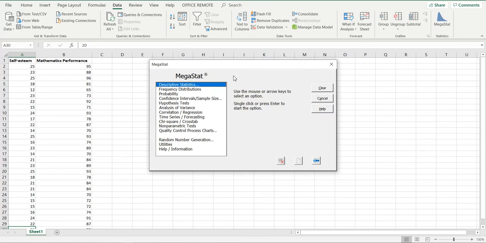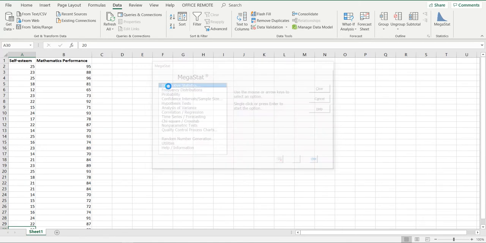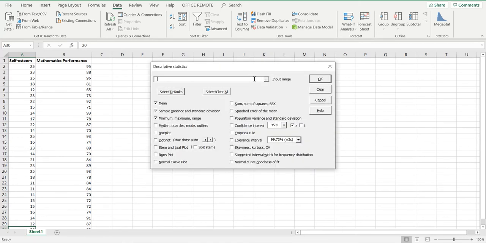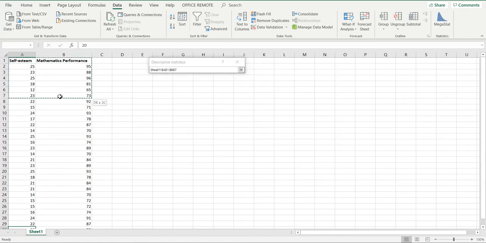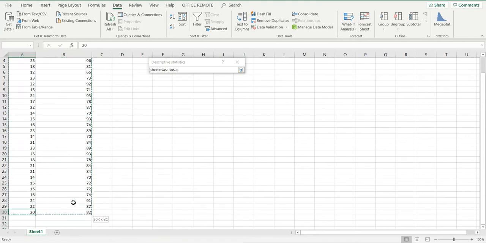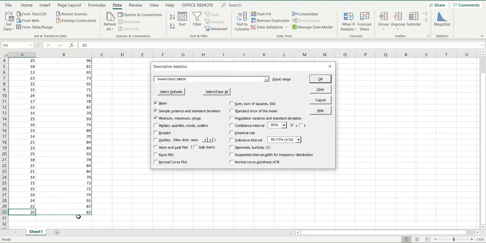Now, you are going to click the descriptive statistics and then we are going to input the range. The range would be the self-esteem and the mathematics performance. So self-esteem, click and drag up to the last data for our mathematics performance. And then we are going to unclick this sample variance and minimum maximum range.